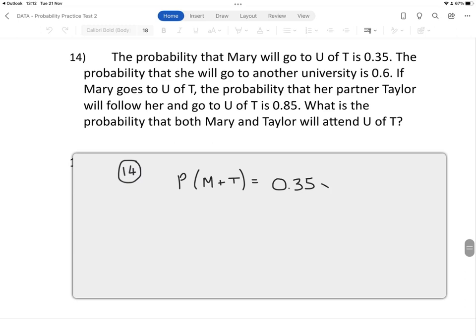And then if Mary goes, there's a 0.85 chance that Taylor will go as well. So 0.35 times 0.85 equals 0.2975, which I think you have to round up. It won't be 297, it'll be 298, 29.8%.